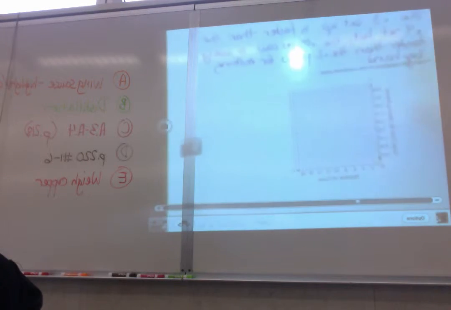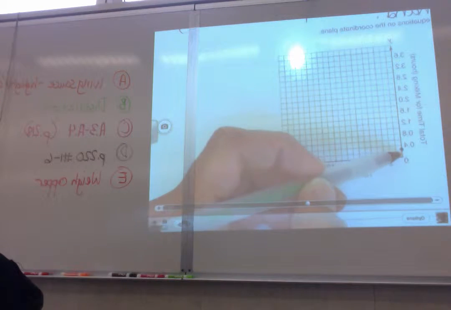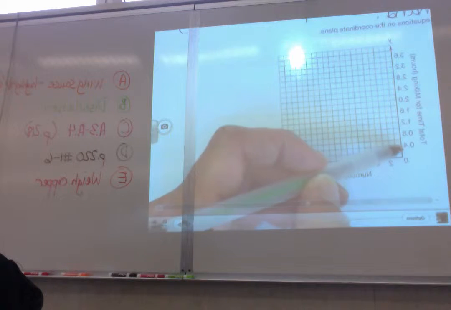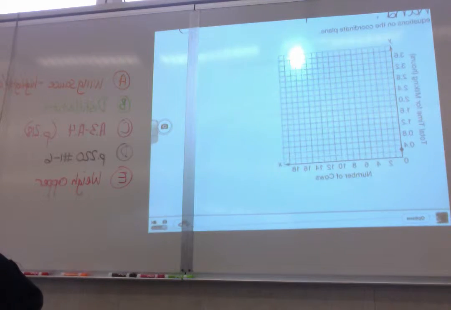I'll make that bigger. 0.3, this is 0.2, that's 0.4. So 0.3 is going to be right in between the first line that doesn't have a number and the 0.4.